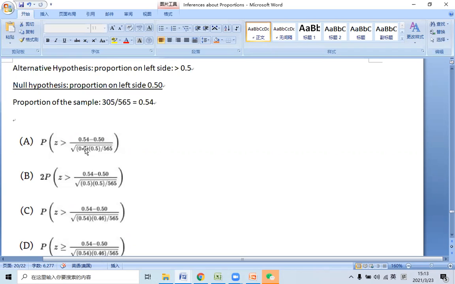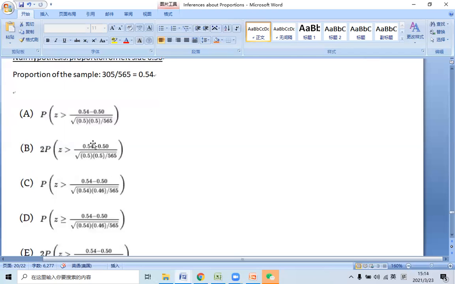According to the null hypothesis, the proportion on the left side having cancer is 0.5, times 1 minus 0.5, which is also 0.5, divided by the sample size. This looks good. This will be the good answer.